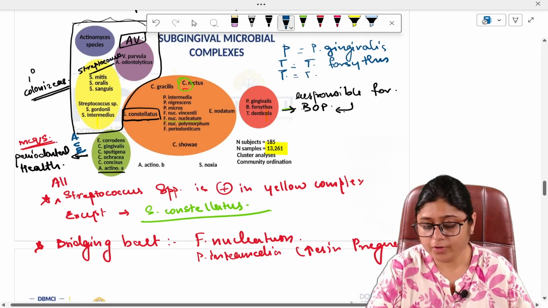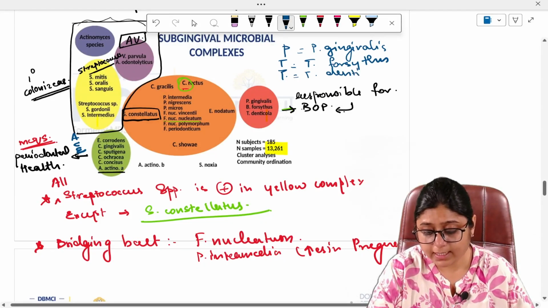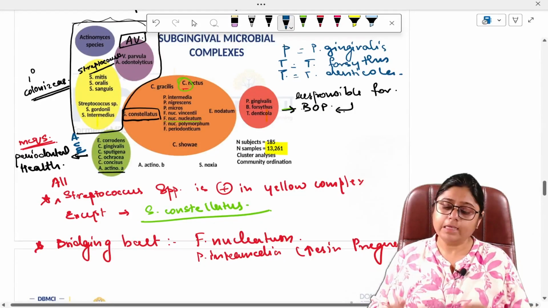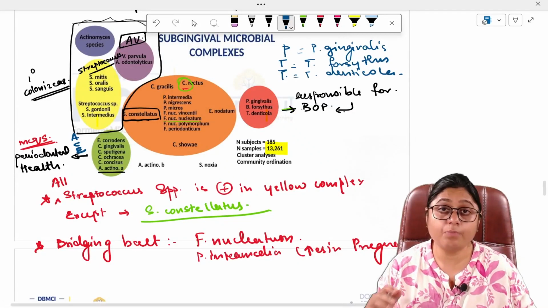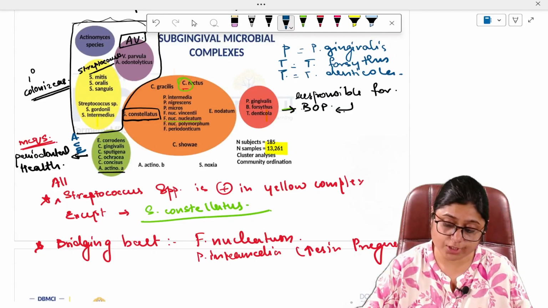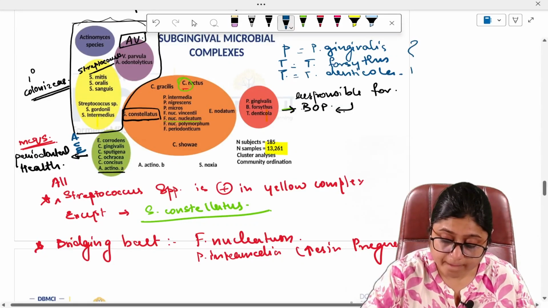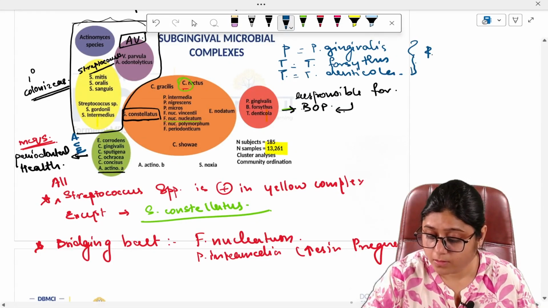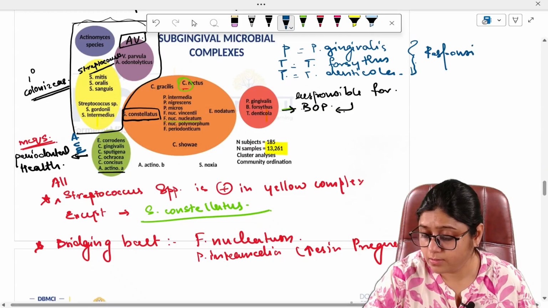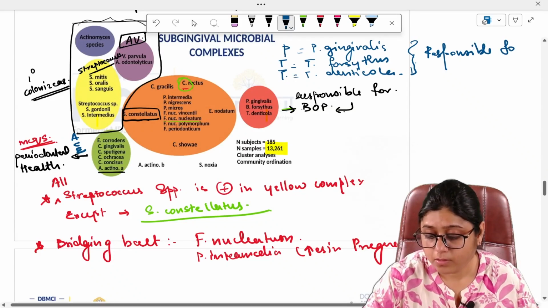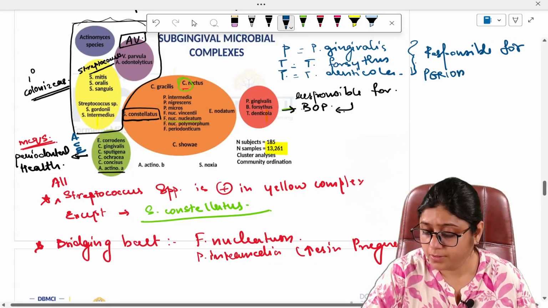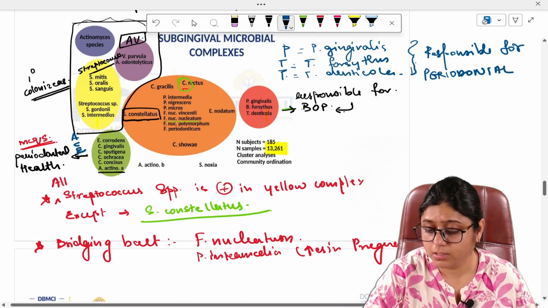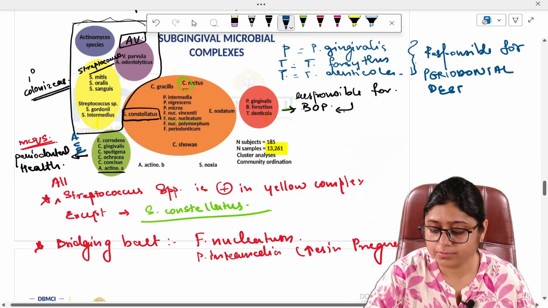And T for Treponema denticola. Okay, guys. So red complex bacteria are easier to remember. These are the bacteria which are responsible for periodontal destruction.